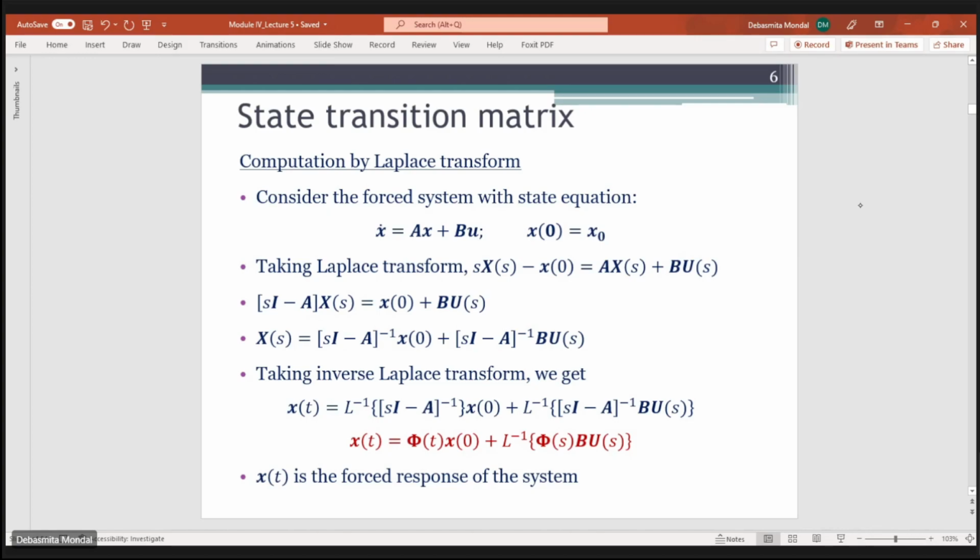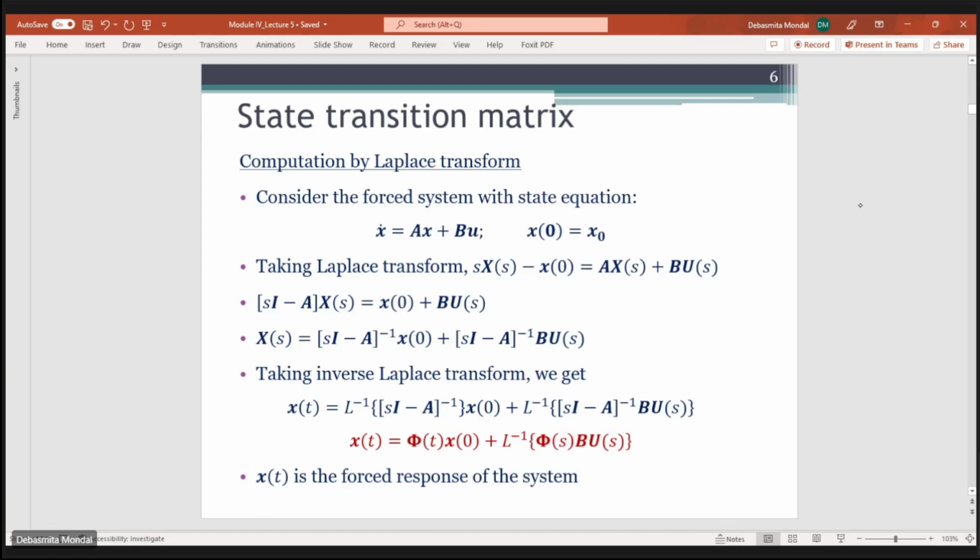If you write the expression for X(s), it will be (sI minus A) inverse multiplied by x(0) plus (sI minus A) inverse multiplied by B multiplied by U(s). Then you take the inverse Laplace transform, and x(t) will be the Laplace inverse of (sI minus A) inverse x(0) plus the Laplace inverse of the whole term (sI minus A) inverse BU(s).